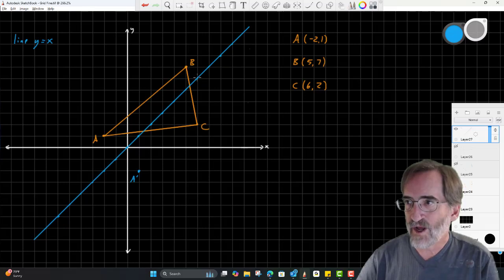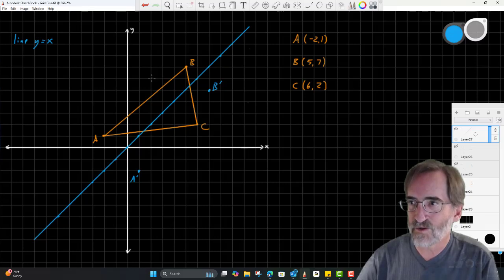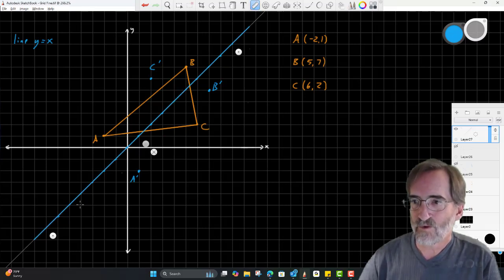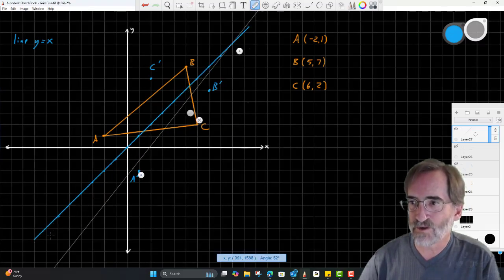B is 1 diagonal away, so 1 diagonal away here, B prime. C is 2 diagonals away, so 2 diagonals is C prime. Okay, and let's trace or draw the triangle that results.